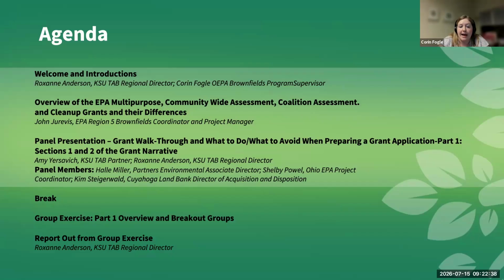So those will include Hallie Miller, who is the Associate Director at Partners Environmental, and Shelby Powell, who I mentioned earlier, is part of our team here at Ohio EPA, and she is a brownfield coordinator. And then we also have Kim Staggerwald, who is the Director of Acquisition and Disposition at the Cuyahoga County Land Bank. And then we will be taking a break.